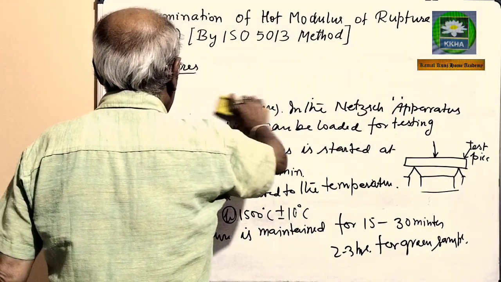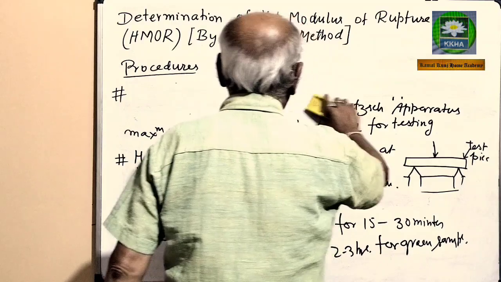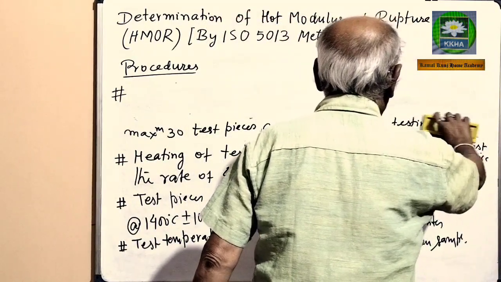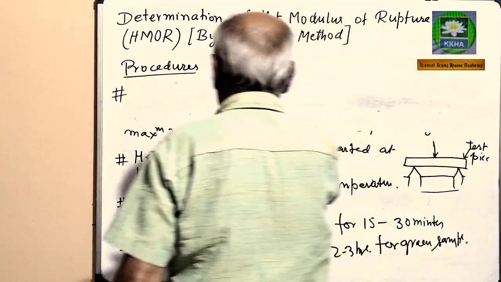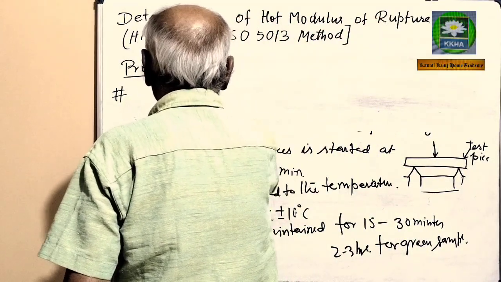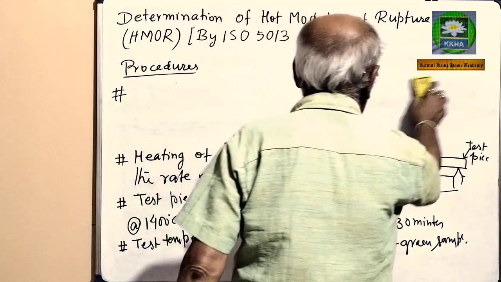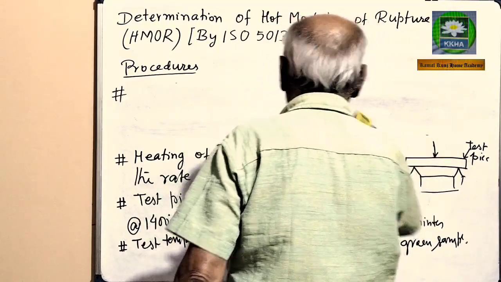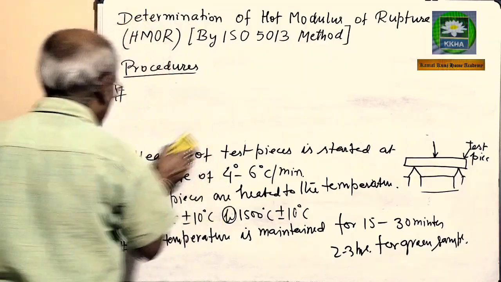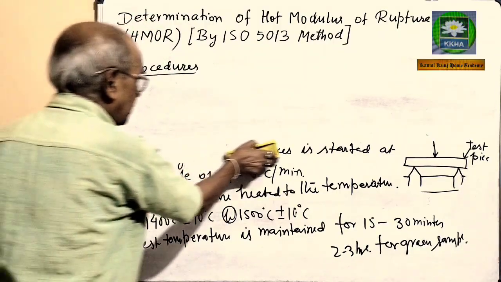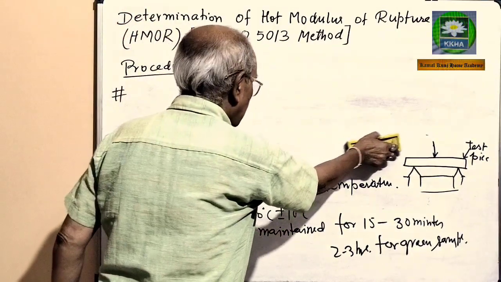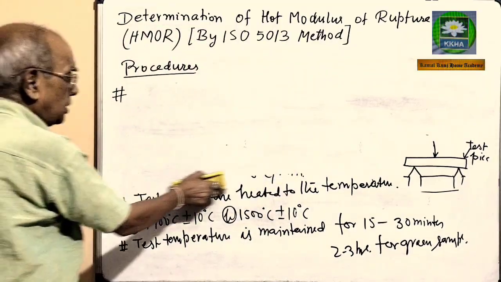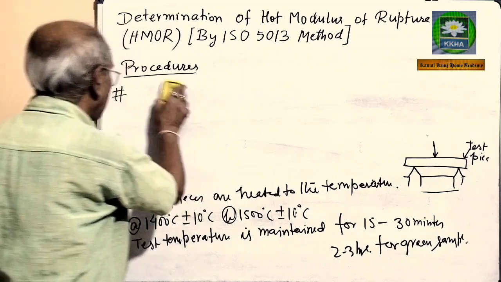When samples are heated to the test temperature and temperature maintained for the specified time period, then loading is applied vertically in the center of the sample, just like this. The rate of loading depends upon whether it is dense refractory bricks or insulation refractory bricks.